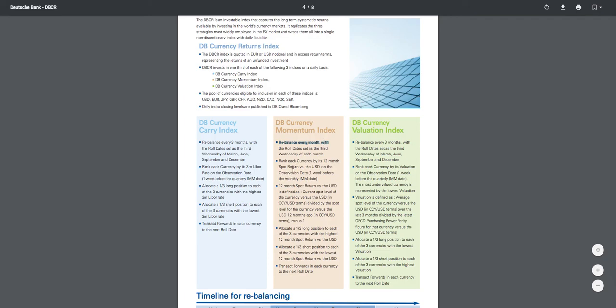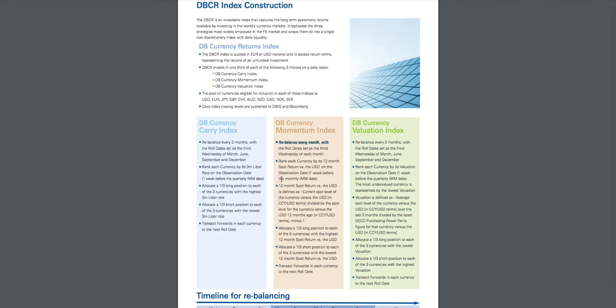So within the 10 currency universe of the G10 pairs, you want to rank each currency against the US dollar in its 12-month return, from the best performance to the worst performance. And you want to select the 3 best currencies and the 3 worst and match them together.